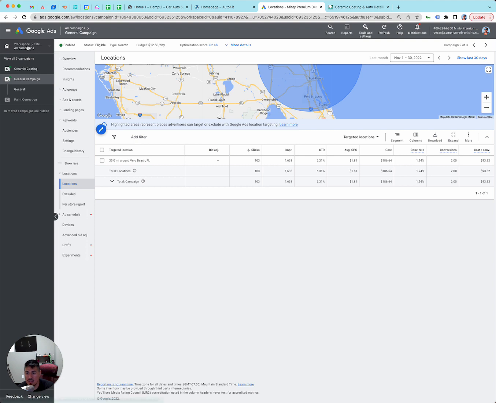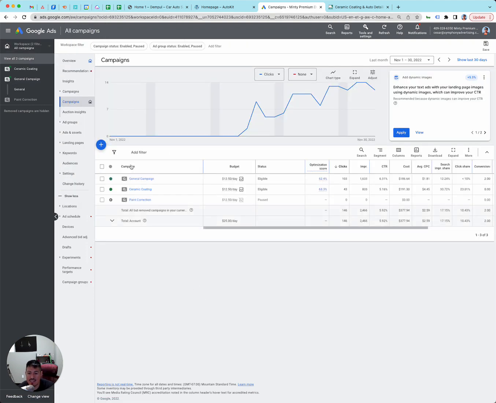And so that is the general campaign, and the exact layout is the same for ceramic coating, except that, like I mentioned in our call, it's going to cost more because people know that you're going to make more money off of a ceramic coating job or project. I think you call it job.